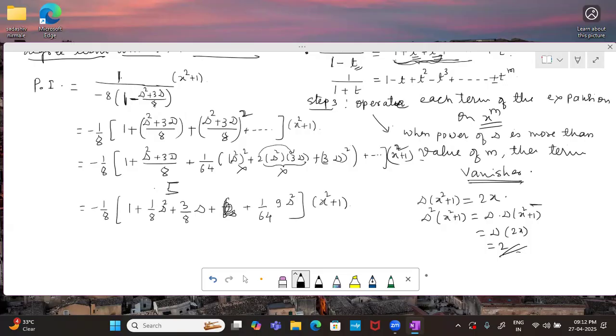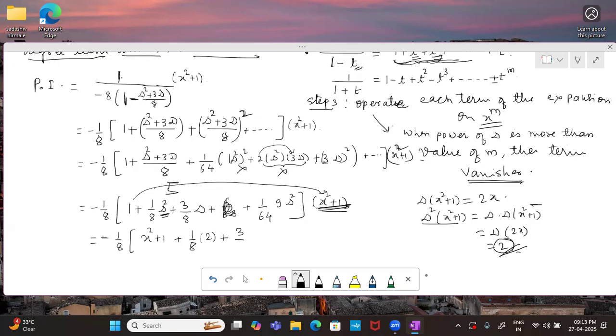So after that, here just write 1 upon 8. 1 multiplied by x square plus 1. Just multiply now. 1 multiplied by x square plus 1 is x square plus 1. Plus 1 by 8 d square of x square plus 1. What is the value of d square of x square plus 1? D square of x square plus 1 is 2. So write here 2.